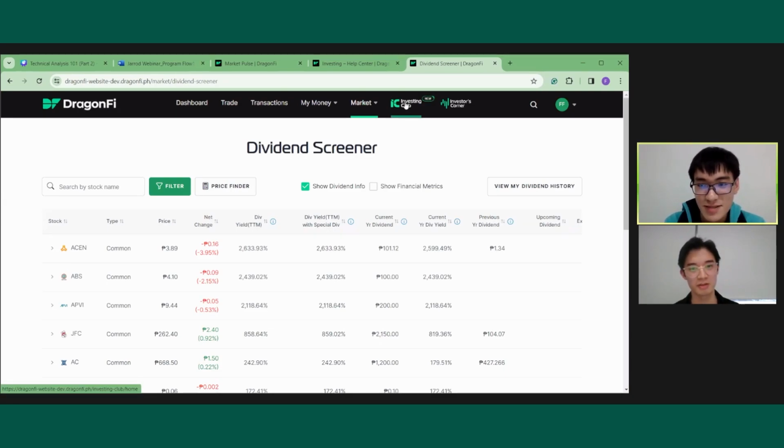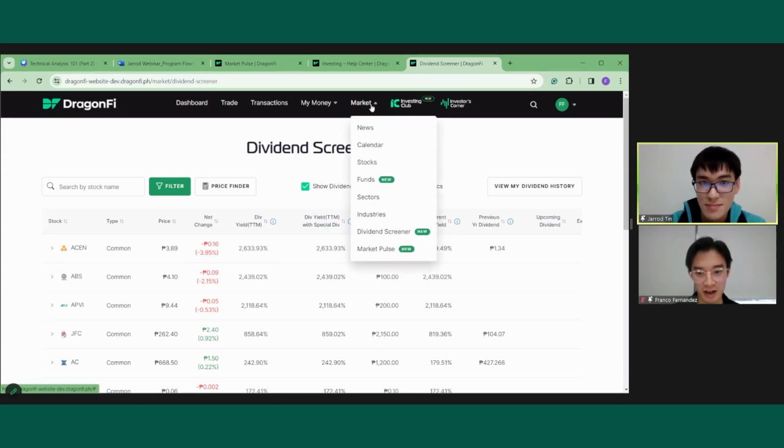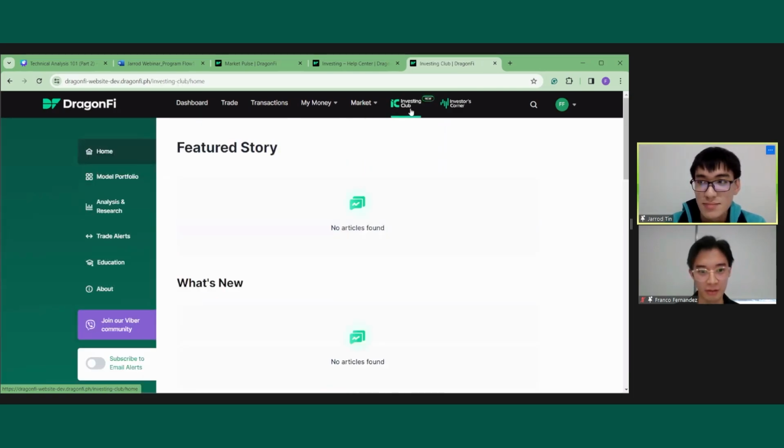So in the trading platform, you see on the screen now we have the dividend screener. That's one of the very great features that we have. But the ones Jared was talking about were the Investing Club and the Investors Corner. With the Club, that's where we hold our model portfolio.